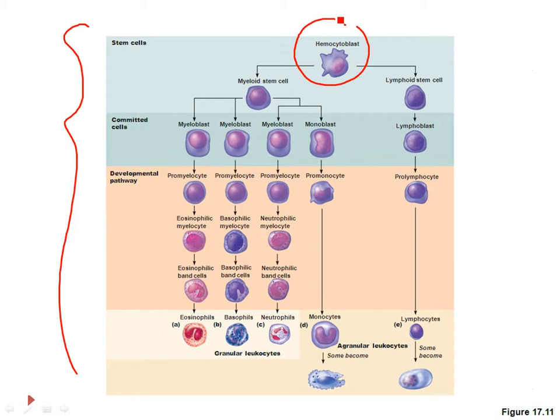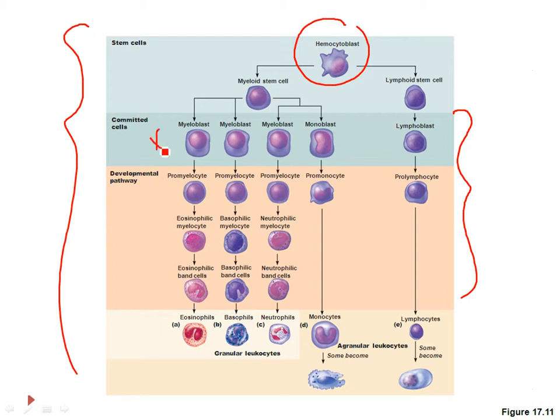And depending on your needs, as these hemocytoblasts divide by mitosis and keep dividing, the descendants of those hemocytoblasts will go through processes of specialization where they will change in their shape and in the things that they're making and producing, and their appearance will change.